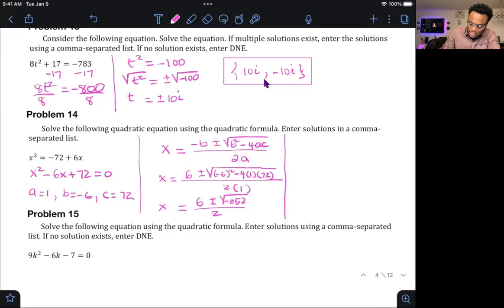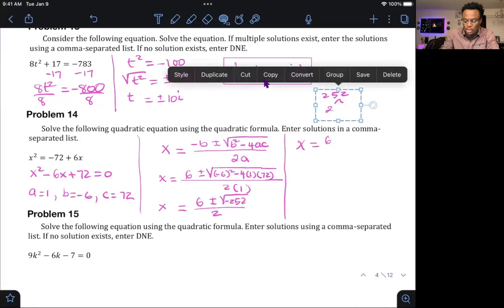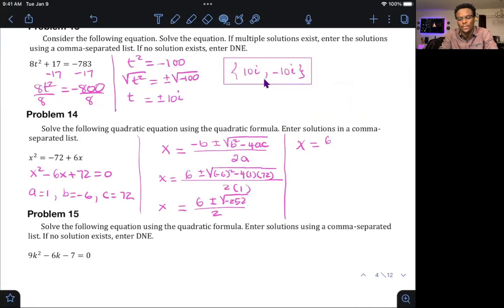So this would be x equals 6, or you can break the 252 down all the way by 2's and so on, and then group in order to find the value that goes on the outside of the radical and the value that goes inside. The value that goes on the outside will be 6.